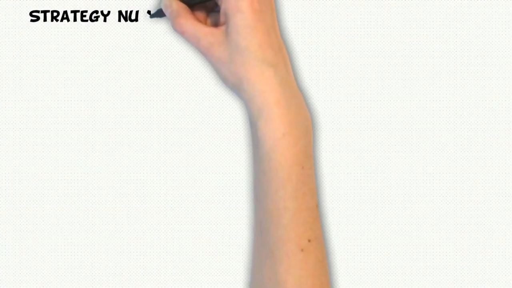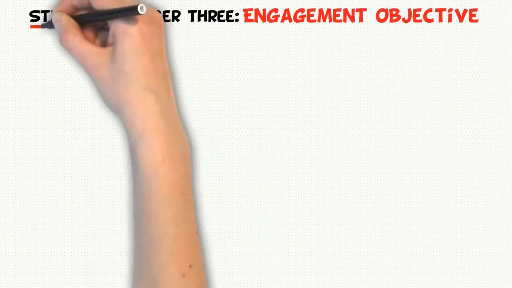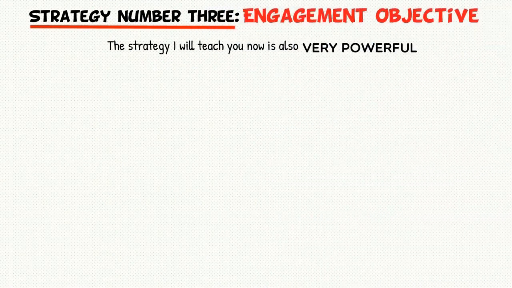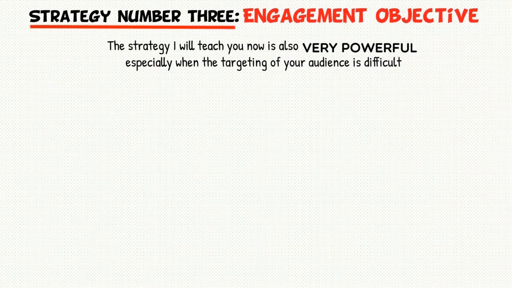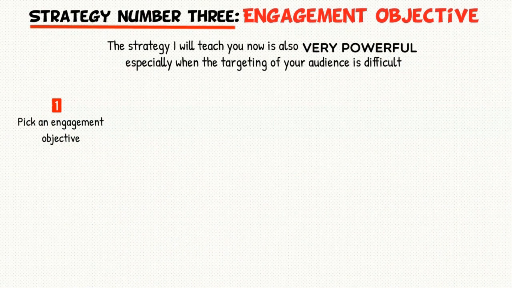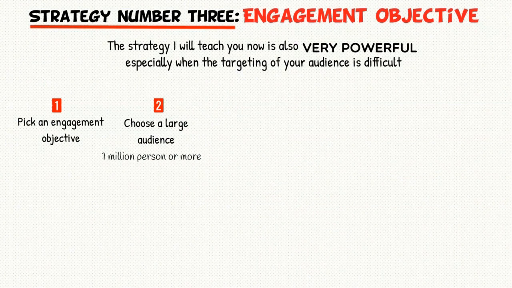So now, after finishing up strategy number 2, let's move on to strategy number 3, the engagement objective. The strategy I will teach you now is also very powerful, especially when the targeting of your audience is difficult. The strategy consists of first picking an engagement objective, and then choosing a large audience, let's say 1 million people or more.